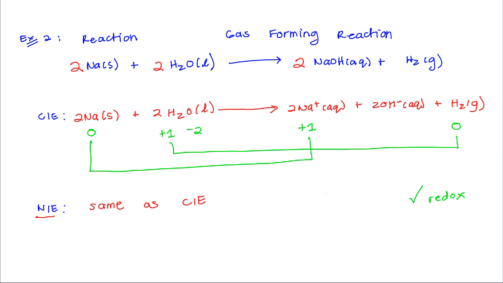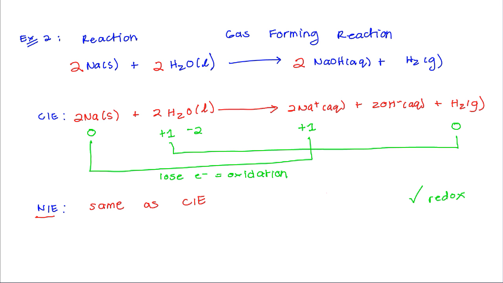Now we need to figure out which one is losing electrons, which one is gaining electrons. So sodium is going from 0 to +1. It's becoming more positive, so it's losing electrons. So this is going to be oxidation. Let's look at hydrogen.